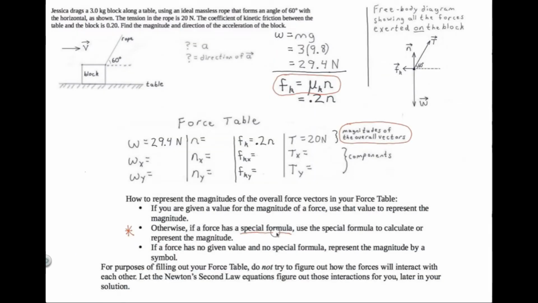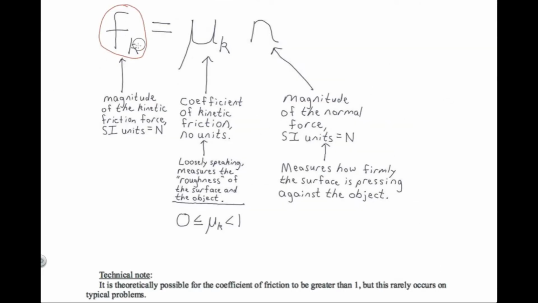There is also a special formula for the magnitude of the kinetic friction force. F sub k equals mu sub k times little n. Can you say exactly what each of the symbols in this formula stands for? Well, here's the answer. The symbol F sub k, written without an arrow on top, stands for the magnitude of the kinetic friction force.